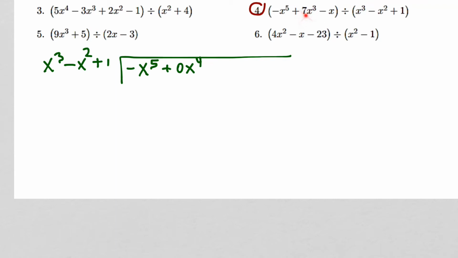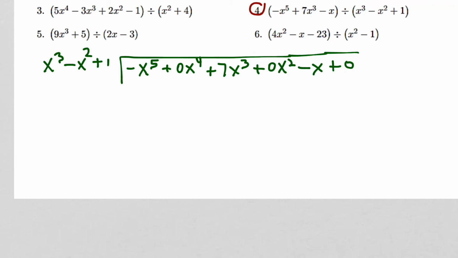And then I've got 7x to the 3rd, and then no x squared term, so I need to put a placeholder for the x squared column. And then I have minus x. And I do not have a number in the constant column either, so I'm going to put a placeholder there.